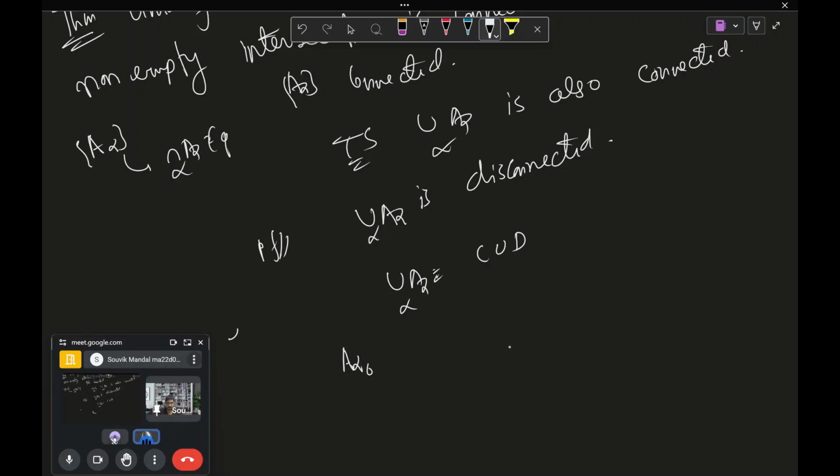If you intersect that with the union of all the A alpha where alpha is not equal to alpha naught, right? That's possible, I mean, yeah, that's possible.